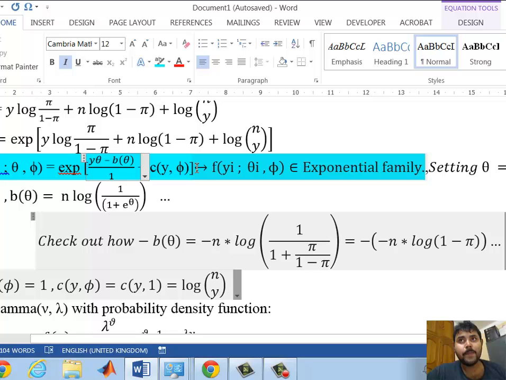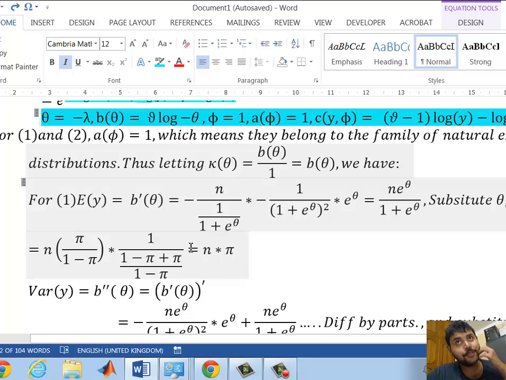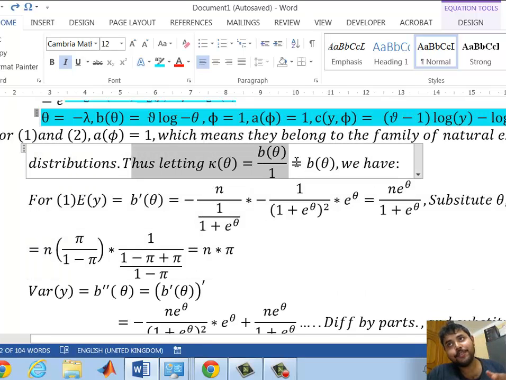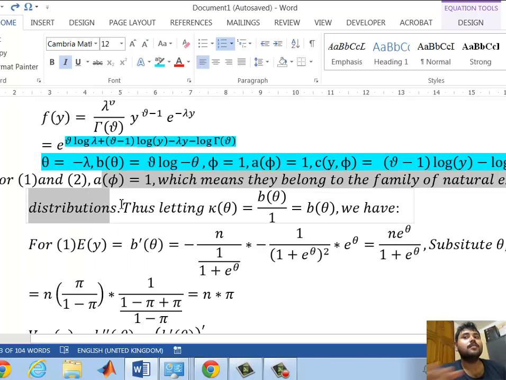Look at the function out here. We have got a natural exponential family. So leave it out there. It will create confusion if I change it now. But I have written it once again for you. A of phi equals 1, they belong to the family of natural exponential distributions.